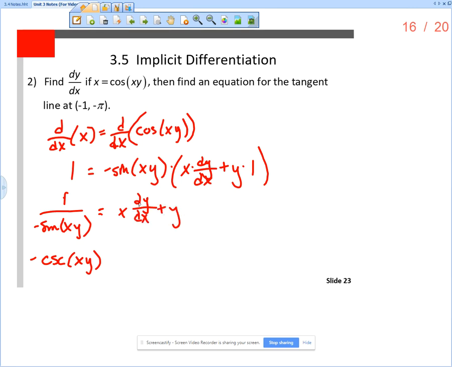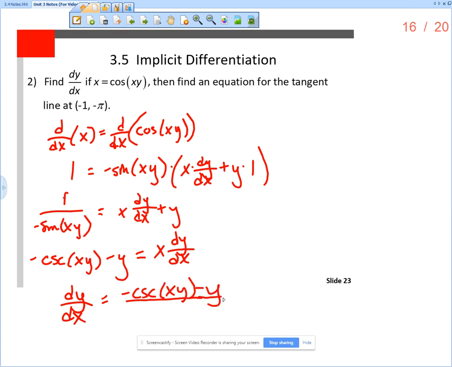Now I want to solve for dy/dx, so I'm going to subtract y, and then I have x dy/dx, and so lastly I would divide by x. So dy/dx equals negative cosecant xy minus y, all divided by just x. So that's dy/dx.